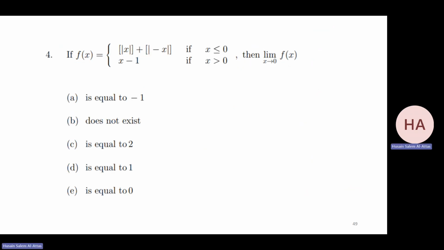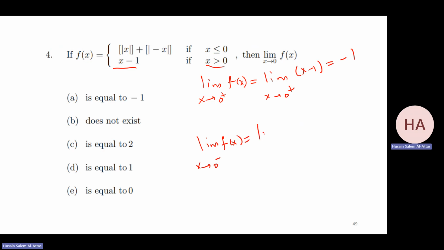Now to check x goes to 0 for this function. So I need to check the limit. x goes to 0 from right equal to what? Easy. From right, so I'll take this function. It will be x minus 1. That is minus 1. I'll do the same for x goes to 0 from left. But now I'll take this function, which is greatest integer of x plus minus x.